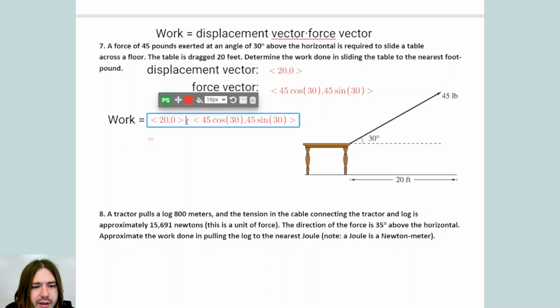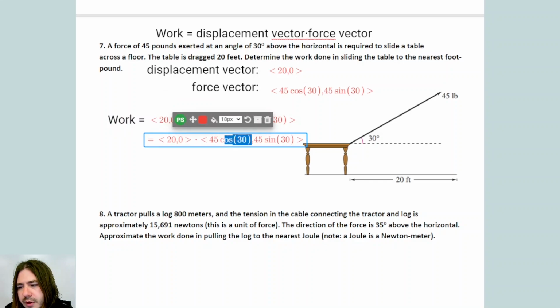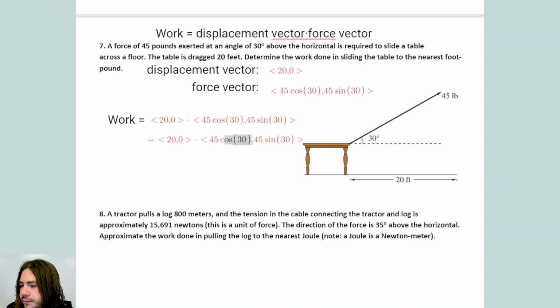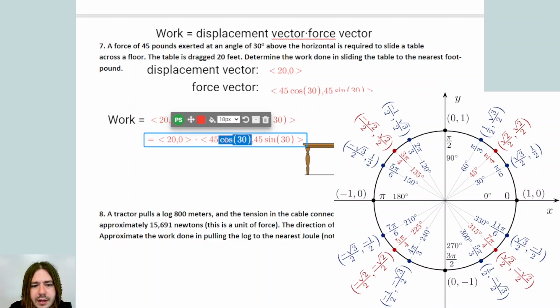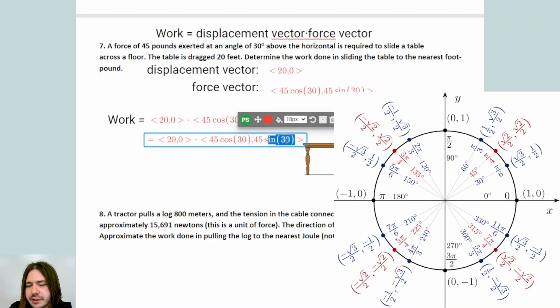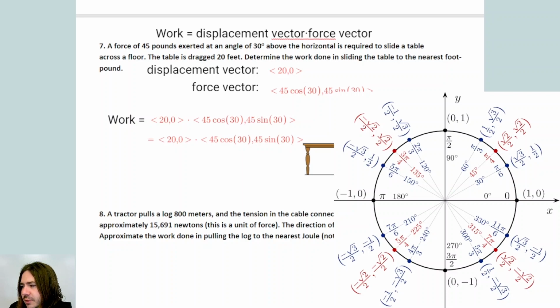First thing I want to do is simplify these expressions. Using my unit circle, I can identify that the cosine of 30 degrees is root 3 over 2, and the sine of 30 degrees is going to be 1/2. I'm just going to leave this alone, since we're going to be putting it all in the calculator at the end anyway.